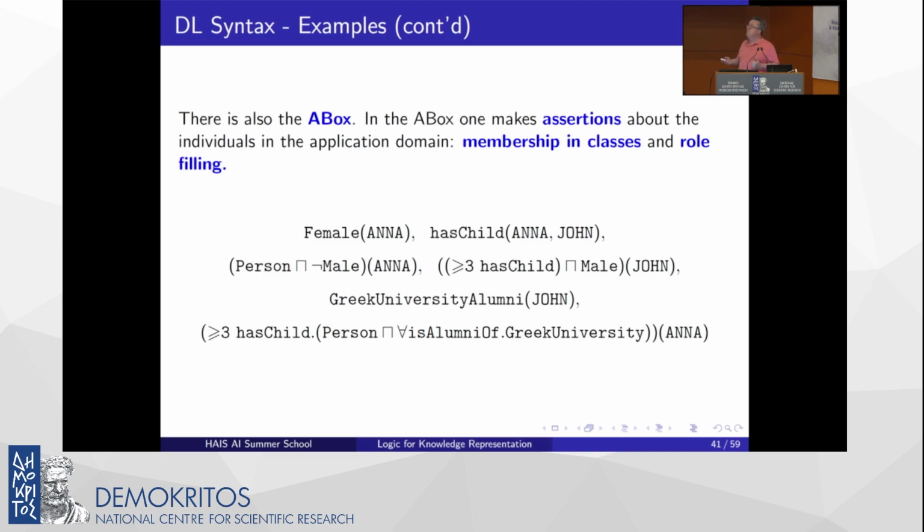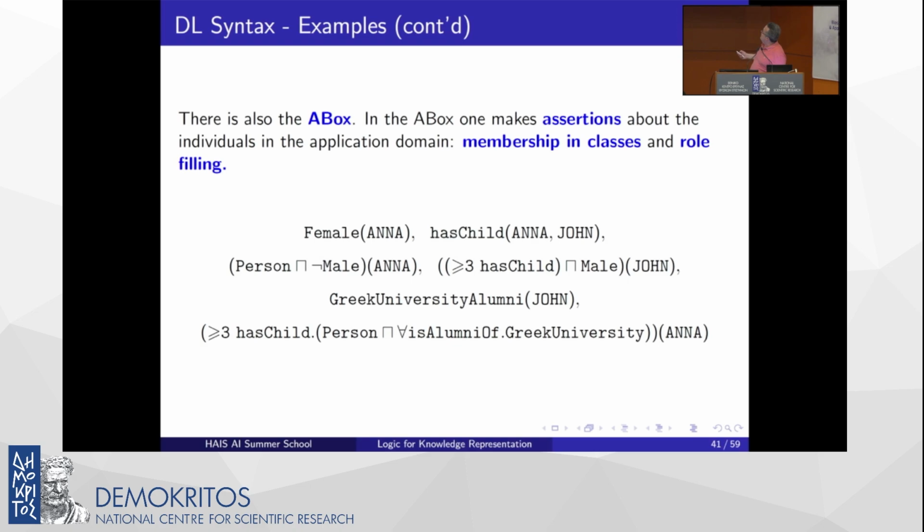In the A box, we put assertions about individuals, and these assertions are either membership in classes or what roles they fill. So we might say, Anna is female, female Anna. Has child Anna John. Anna is person and not male.